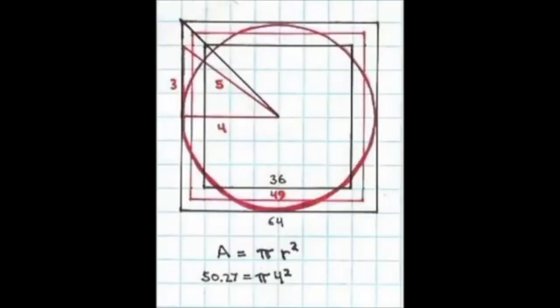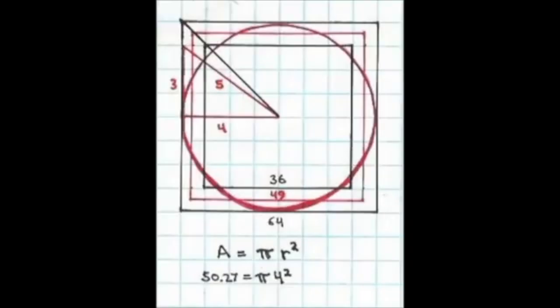The central square is a 6 by 6 equals 36 area square. The outer square, an 8 by 8 equals 64 area square. And between them, in red ink, is the square of 7 by 7 equals 49.